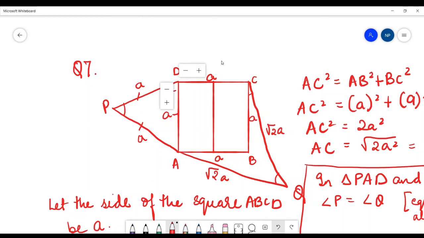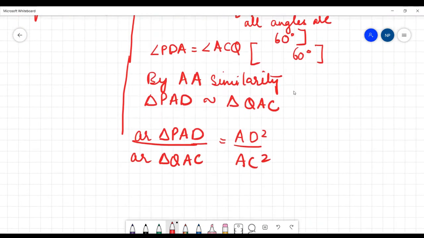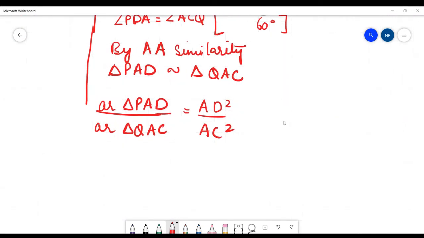AC square over here is this. So we have taken AD square upon AC square. This corresponding side we have taken, because since the triangles are now similar, we can work upon the areas.